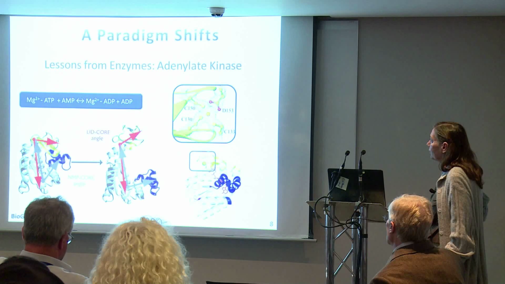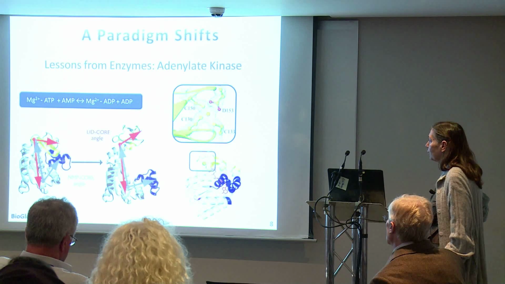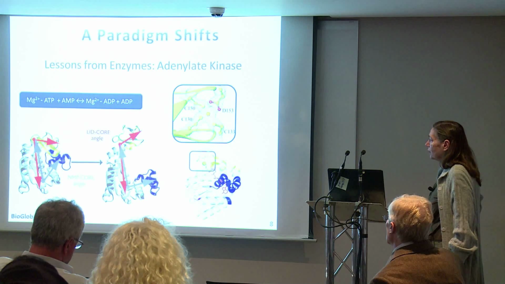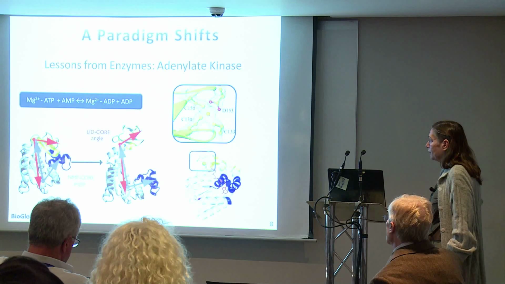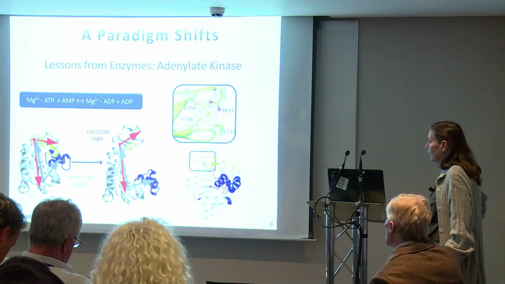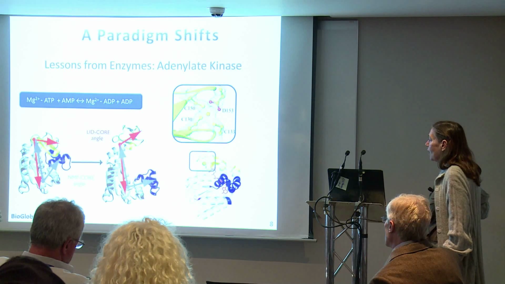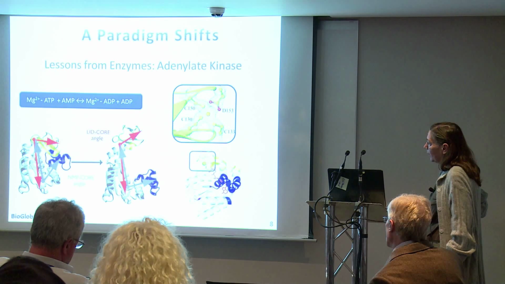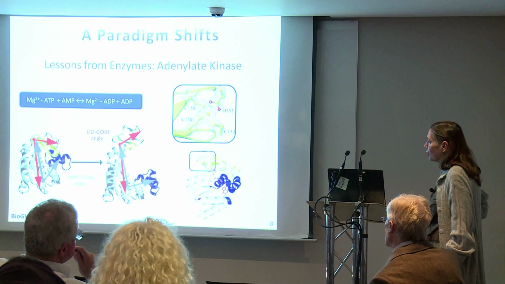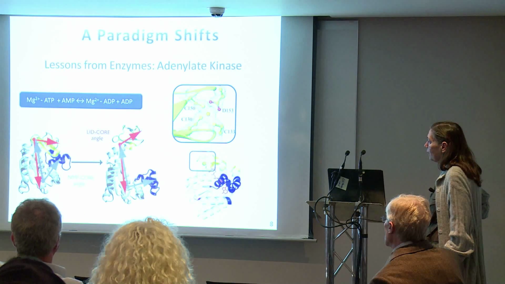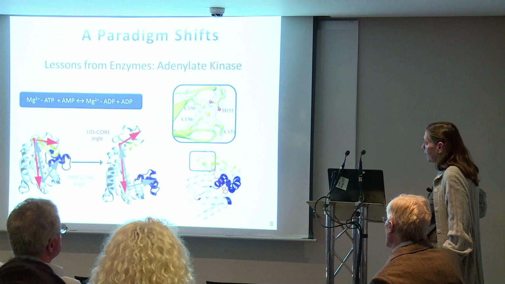In the case of adenylate kinase, it was studied in the past as a model protein, because there is a large opening of binding domains in the core during the catalytic reactions. So now we have a lot of new data.